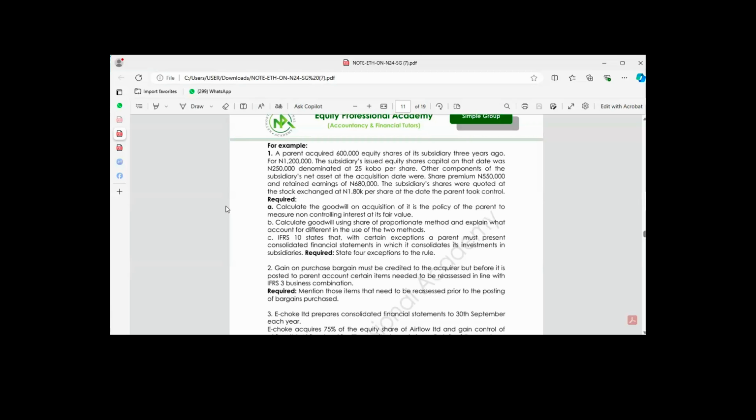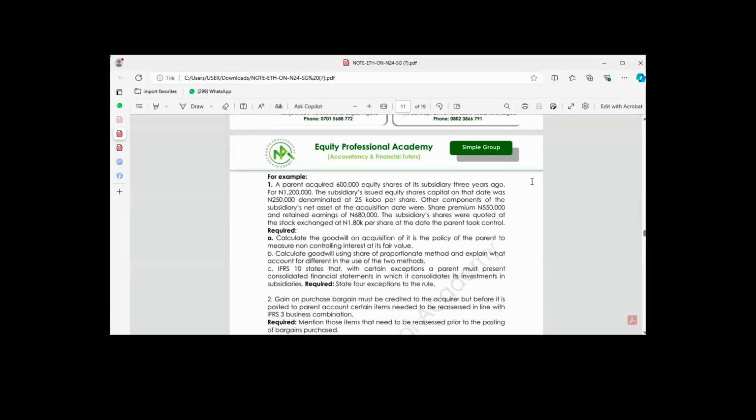Do you have the book with you? What's the name of this question? It does not have a name. It's the goodwill. Just go to the goodwill. Example of a parent. Yes, sir.